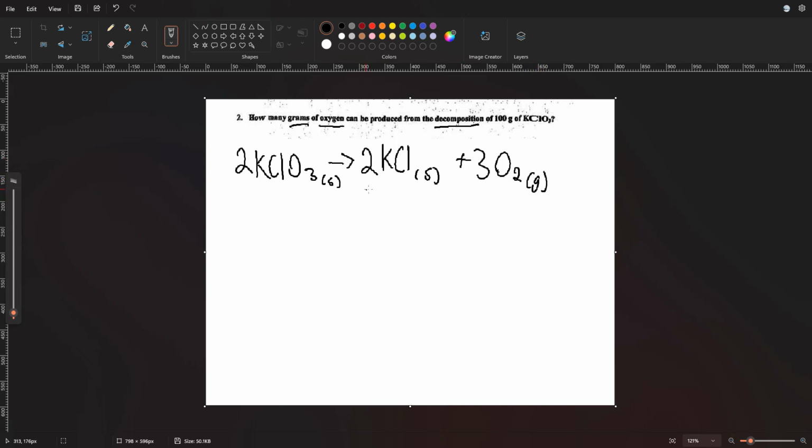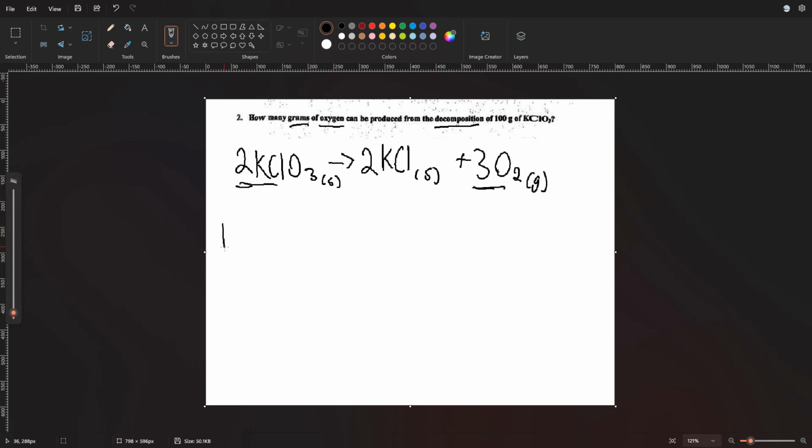So if you notice that we have a mole ratio of 2 to 3, or for every 2 parts of potassium chlorate, it's going to decompose into 3 parts oxygen, along with the 2 parts of potassium chloride, of course. But these 2 numbers are important for us finding out the mass of oxygen.